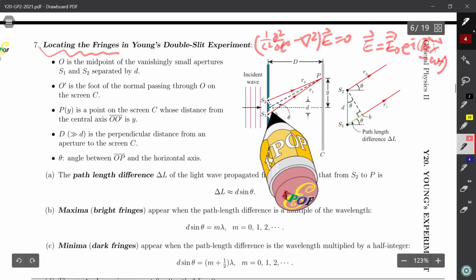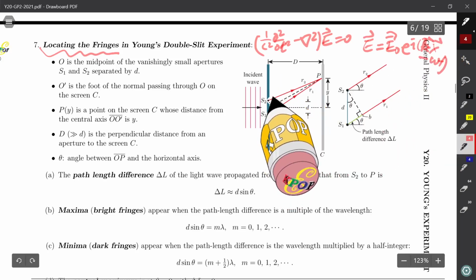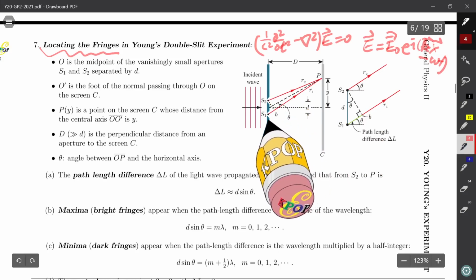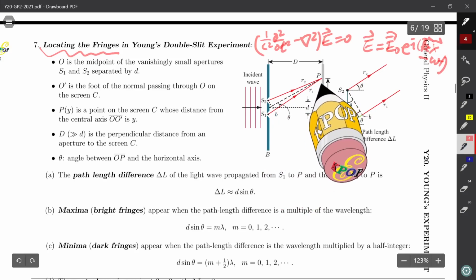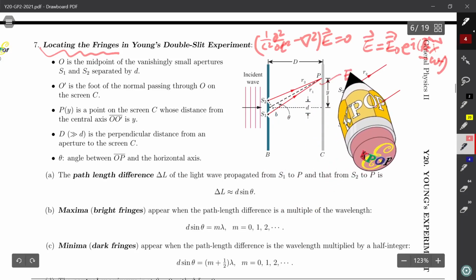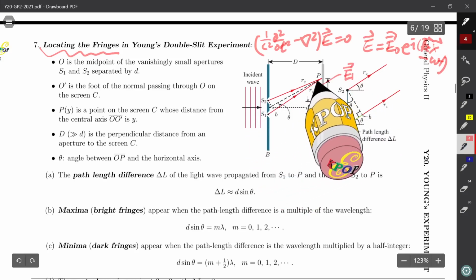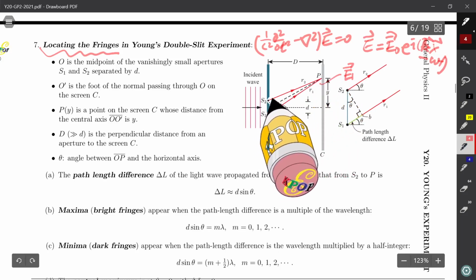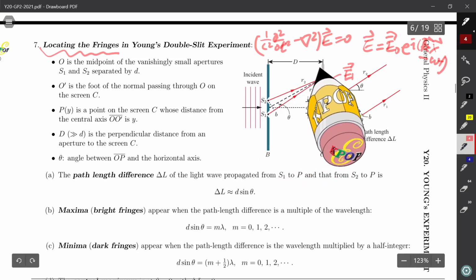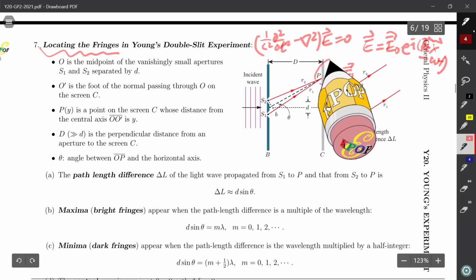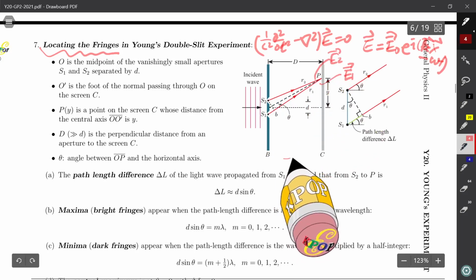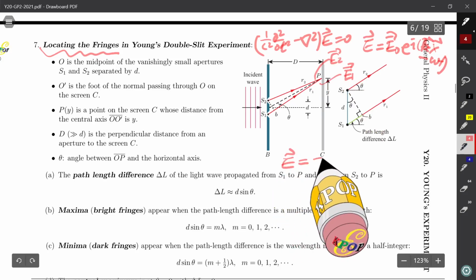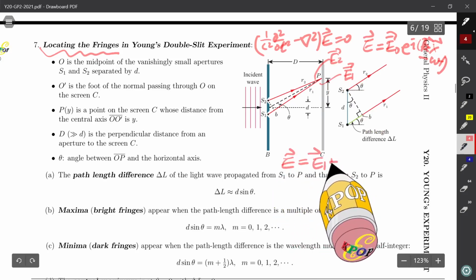And with two sources, S1 and S2, the electric field coming from one is E1, and the electric field coming from the aperture S2 is E2. The resultant electric field is the sum of the two electric fields.